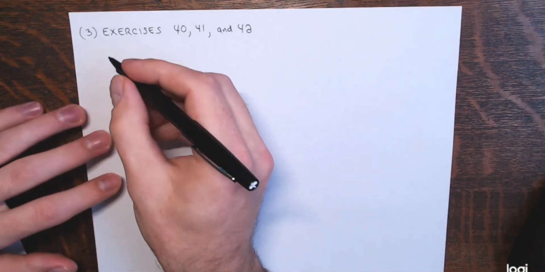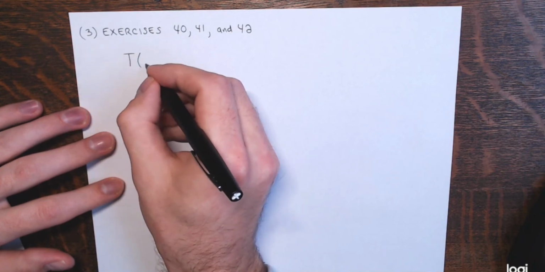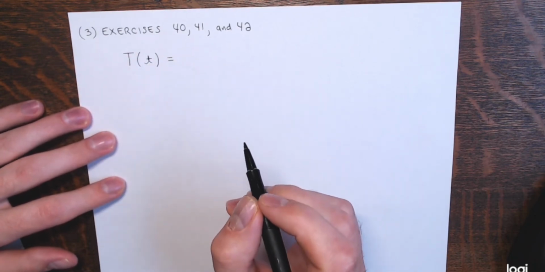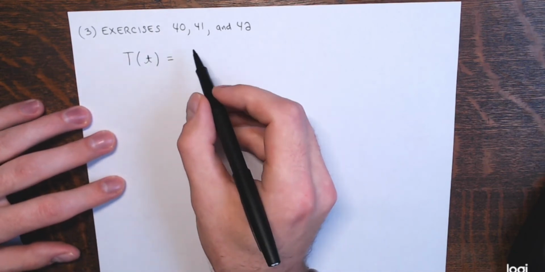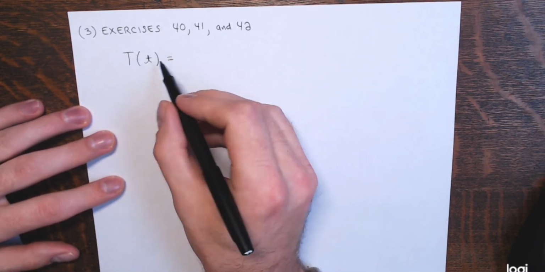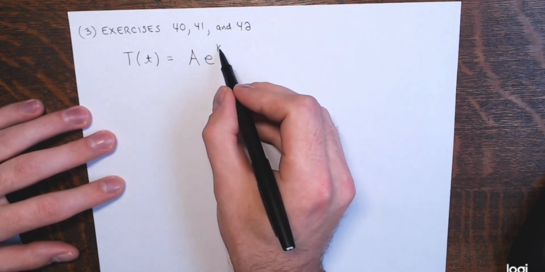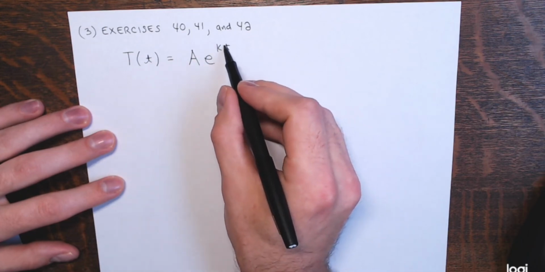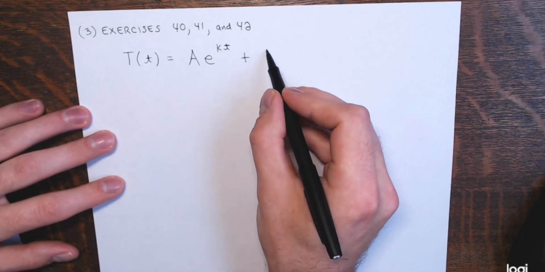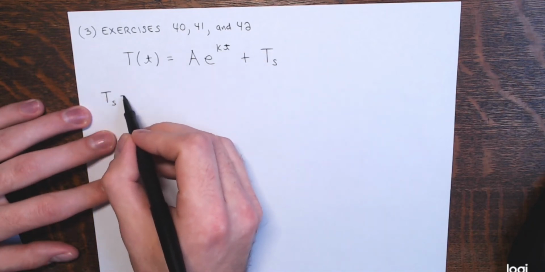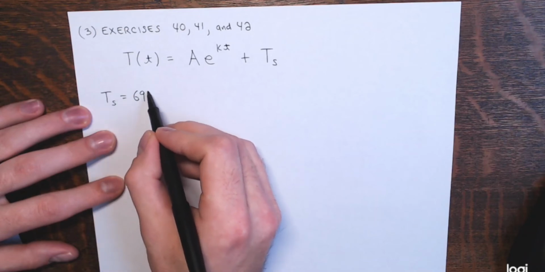So again, I'll write this every single time. The model we're using for this law, now this would be cooling this time, it's not warming, is T of t equals some number A times e to the kt plus some TS, where here TS is the temperature of the room, 69 degrees Fahrenheit.